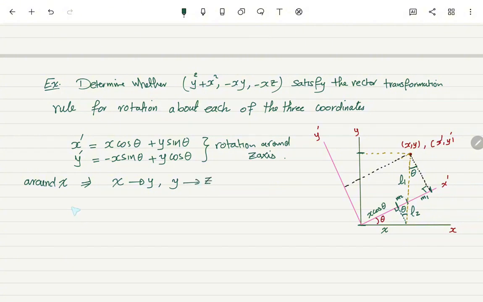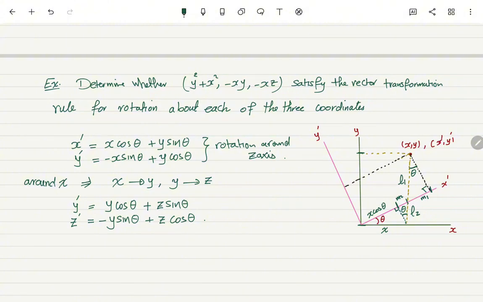So in this case, y prime equal to y cosine theta plus z sine theta. And z prime, the new coordinate, equal to minus y sine theta plus z cosine theta. We can prove this, by the way, using the same graph as this one here. No need to do that again, but this is the method.